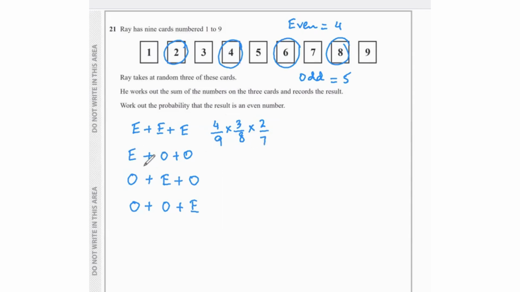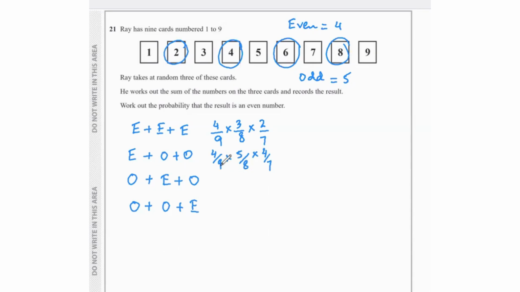Now, for the next combination, even, odd, and odd, the probability of getting an even number would be 4 over 9, times the probability of getting an odd number, which would be 5 over 8, because there's one less card now. We've already selected an even number, so 9 cards are reduced to 8 cards. And then the probability of getting an odd number again would be 4 over 7.